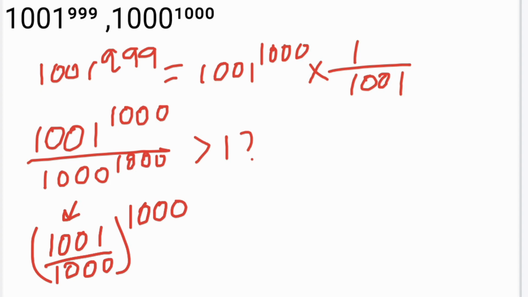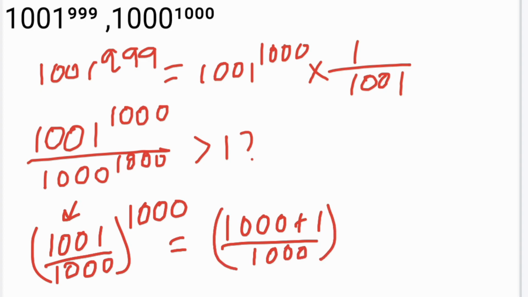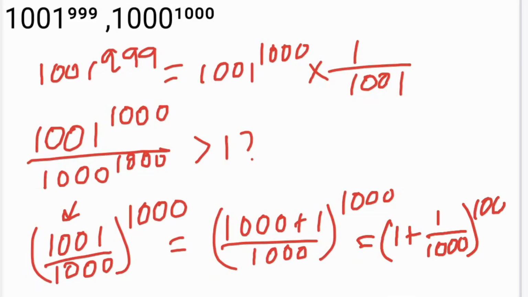Next, we can write 1001 as 1000 plus 1 over 1000 whole raised to the power 1000, right? So that is (1 plus 1 over 1000) whole raised to the power 1000, right? Alright, now we can clearly understand that we can expand this using binomial theorem, right?